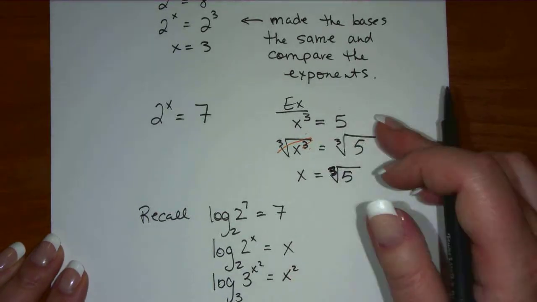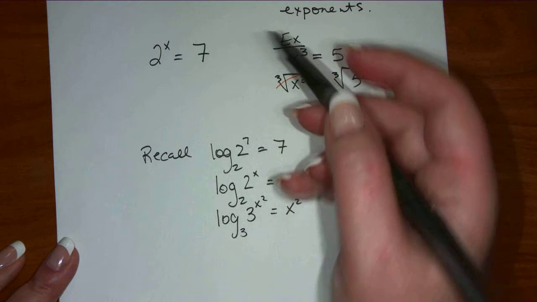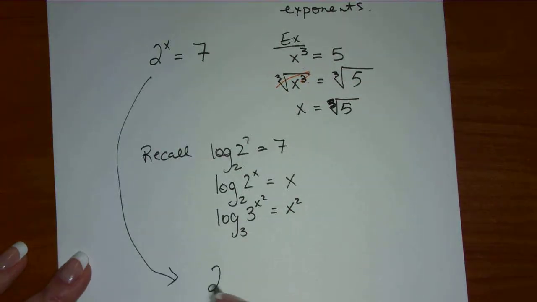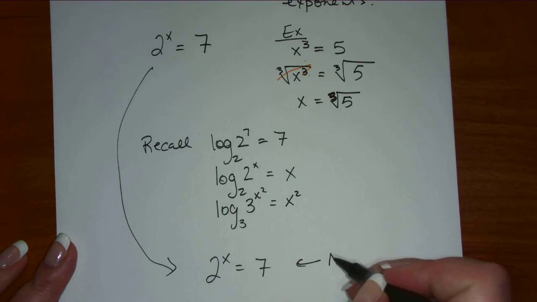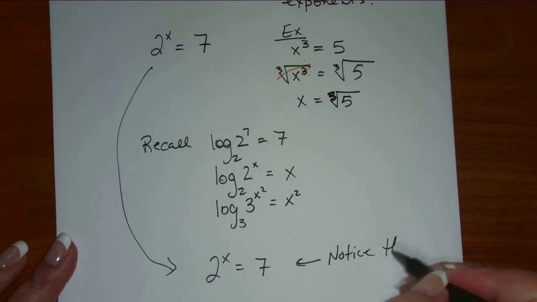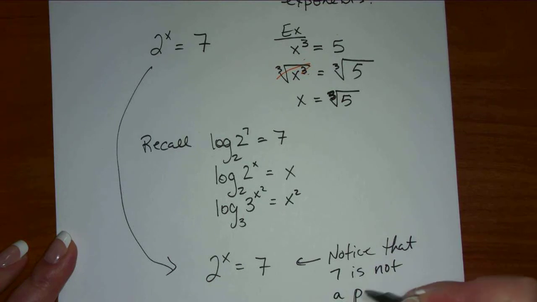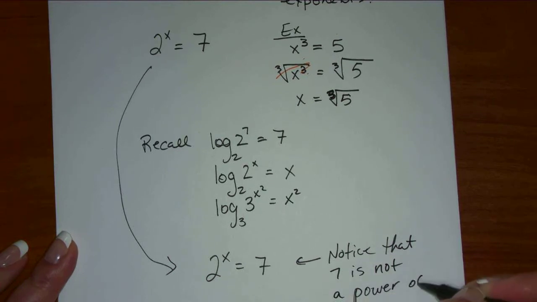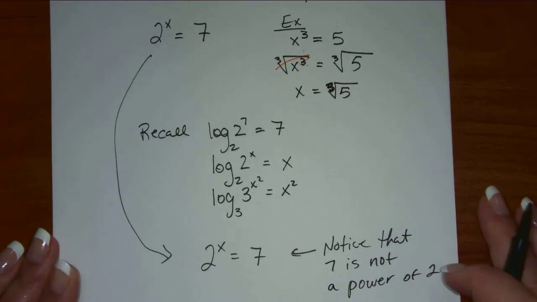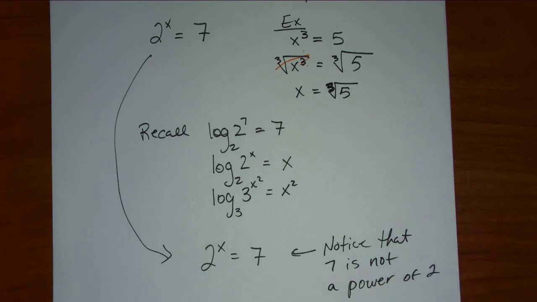2 to the x equals 7. So we notice that 7 is not a power of 2. So it can't be written as 2 cubed or something. We take the log of both sides. And what log are we going to use?